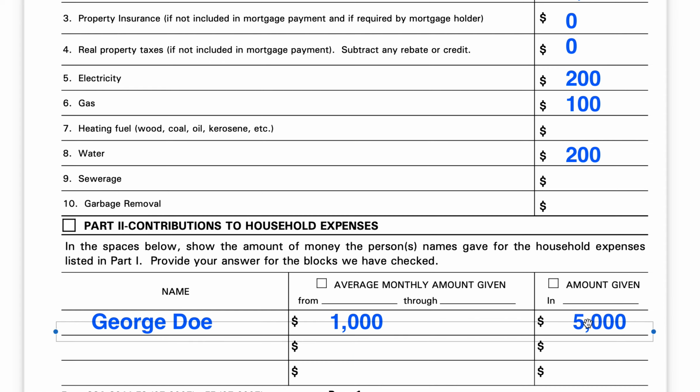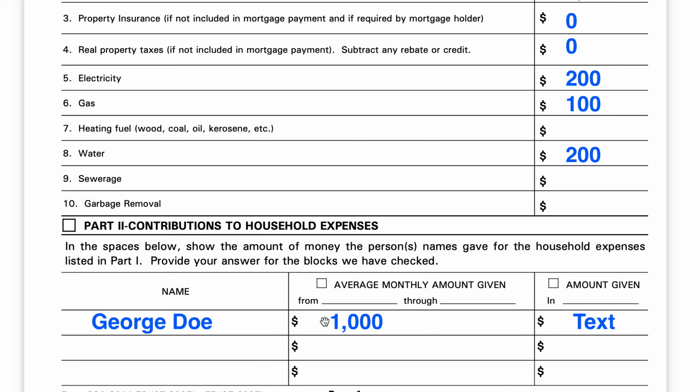For example, if I were processing this form, I would indicate that this was for the same period of time, the average period of time that was previously reported.